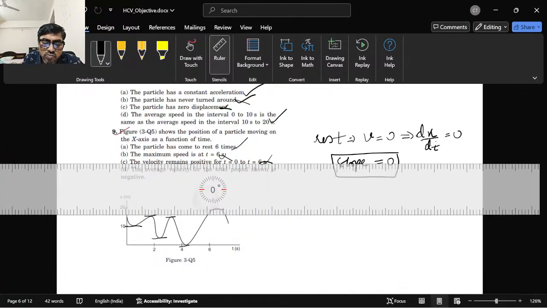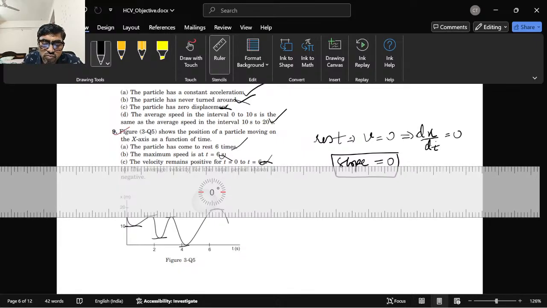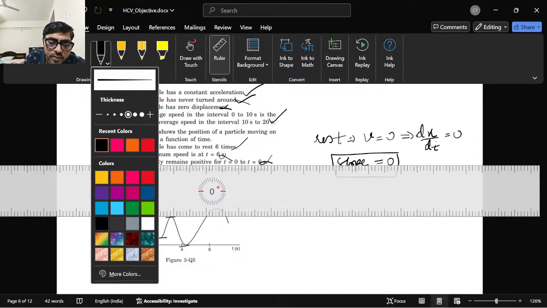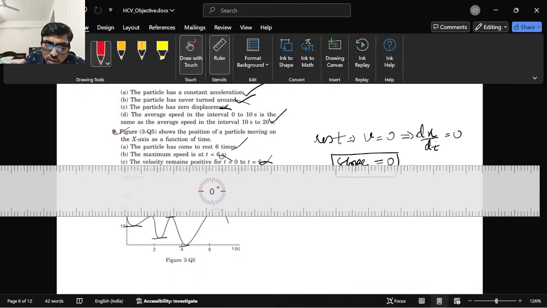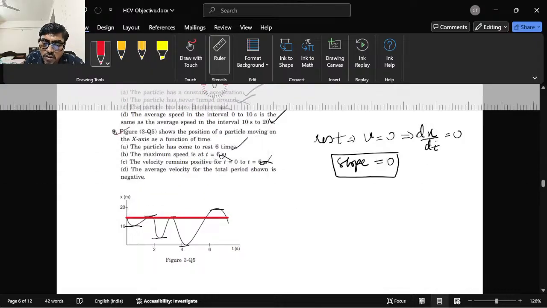Now, this is the initial position. I'll use red color here. So this is the initial position, sir. So initially you are here, finally you are here, meaning it has gone down. It has negative displacement, correct only.